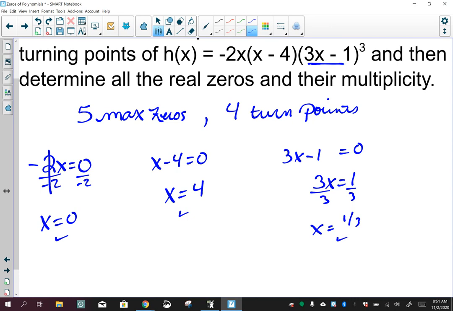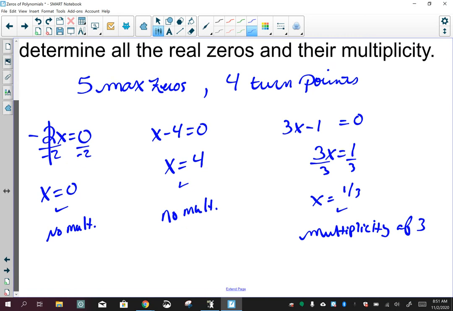So if I take a look here, I've got an exponent of 1. So I have no multiplicity here. Here, I have an exponent of 1. So I have no multiplicity here. However, here I've got an exponent of 3. So I've got a multiplicity of 3.